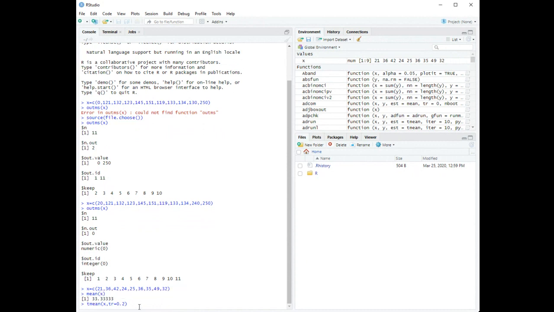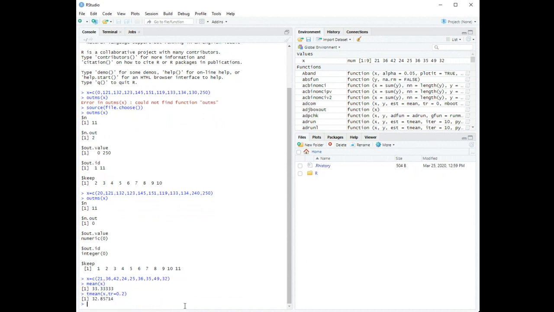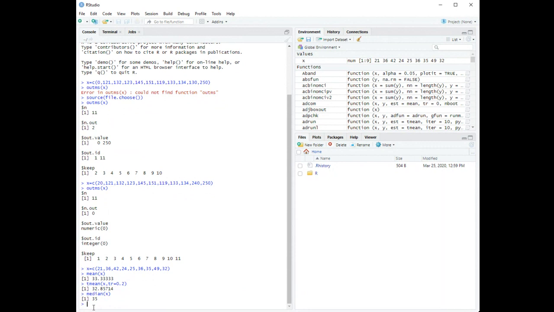That one should be 32.85, yes, so that one's correct. And then the median, which is the simple median equation, median(x). That one should give you 35. Yes, okay, so that one's right. Now for the next one, it's also not a computational problem, so I'll go ahead and skip that one for you guys.